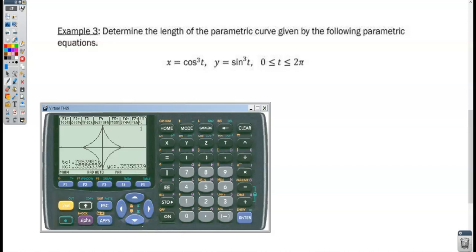If you look at pi over 4, this curve is split into 2 perfectly symmetric pieces, from 0 to pi over 4, and from pi over 4 to pi over 2, pardon me. So I could take the length from 0 to pi over 4 and multiply it by 8 and get the length of this whole curve. Alright, so I've got a bunch of options that I could try. Let's go ahead and we'll see how some of these work.